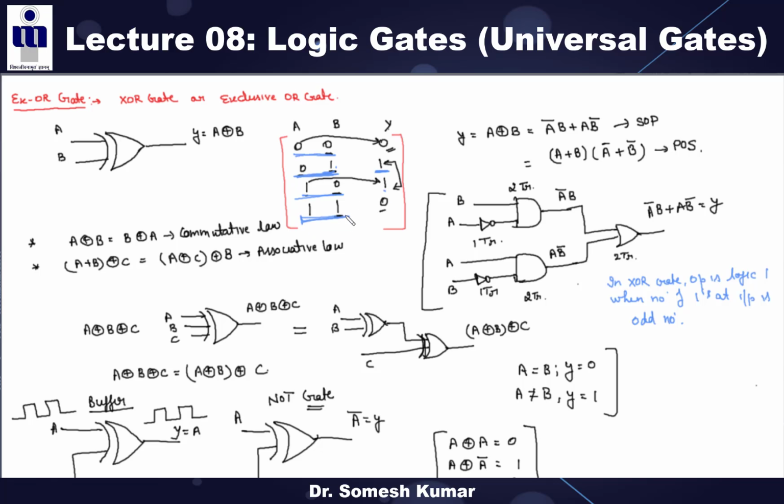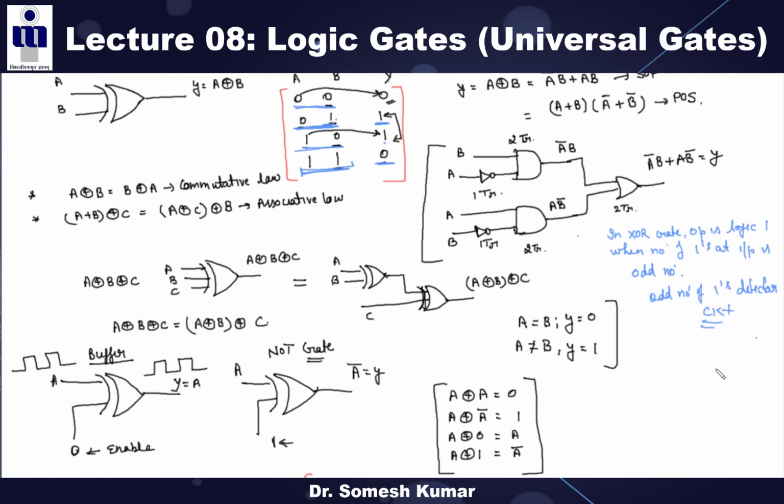And if the number of ones is even, the output is 0, right? So that's why your XOR gate is known as the odd number of ones detector circuit, right? Odd number of ones detector circuit. Clear this statement?